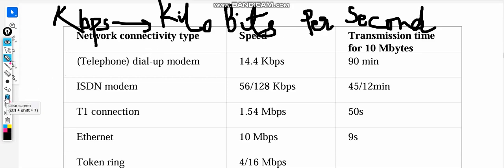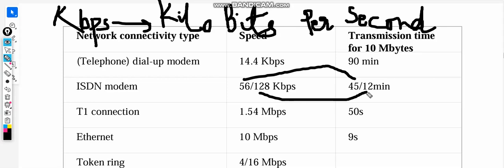If I want to transmit 10 megabytes of data, I need 45 to 12 minutes, based on the speed. For 56 kbps I need 45 minutes, and for 128 kbps I need 12 minutes to transmit 10 megabytes of data on the transmission line.